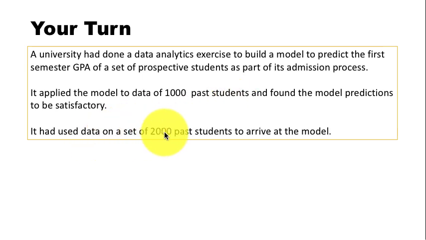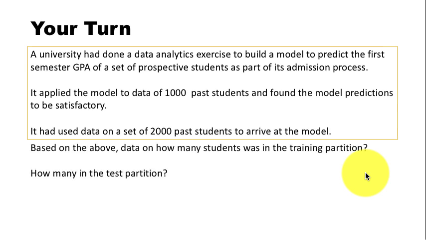It had used data on a set of 2000 past students to arrive at the model. So it used 2000 rows to build the model, and it used 1000 rows to test if the model was good. So my question is, based on the above, data on how many students was in the training partition and data on how many in the test partition.